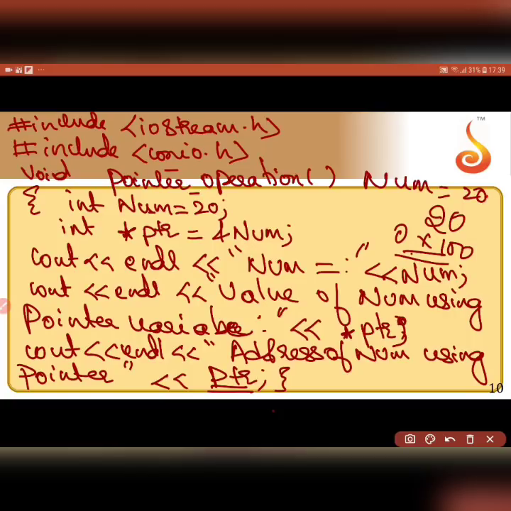So ptr is pointing to num here. That is why it will give me the memory location of num. Whereas *ptr will give you the value which is present in the address to which it is pointing to. So this is how you write it. Then you need to write your main function and call it.